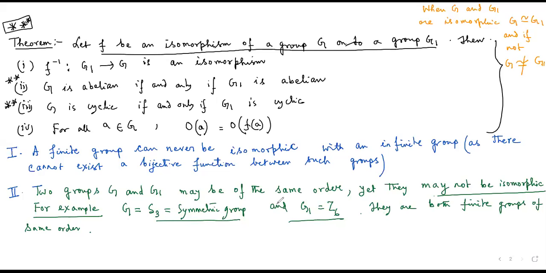So here S3 and Z6 are both finite groups of the same order, but S3 will not be isomorphic to Z6. The question is why? What is the logic? The logic is, as you know, S3 is a non-commutative group.